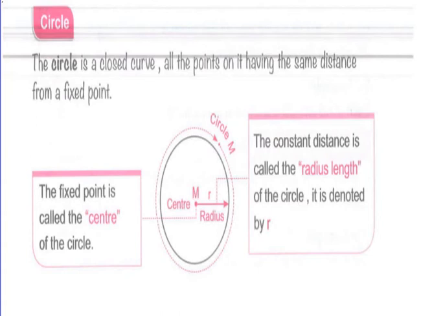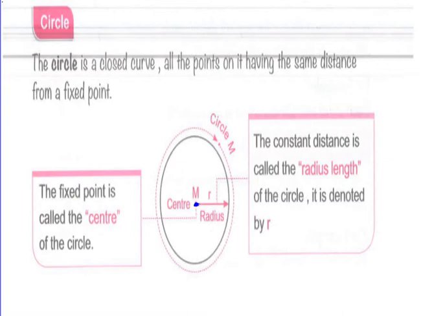Here today we're gonna talk about the circle. The circle is a closed curve, all the points on it having the same distance from a fixed point. What are the main parts of the circle? Here first, the fixed point called the center. Here M is called what? The center point of the circle.